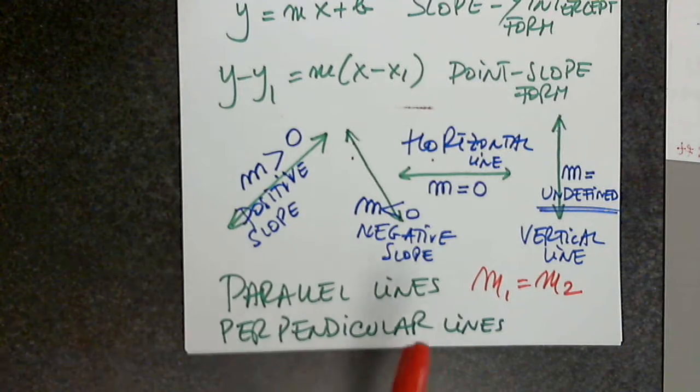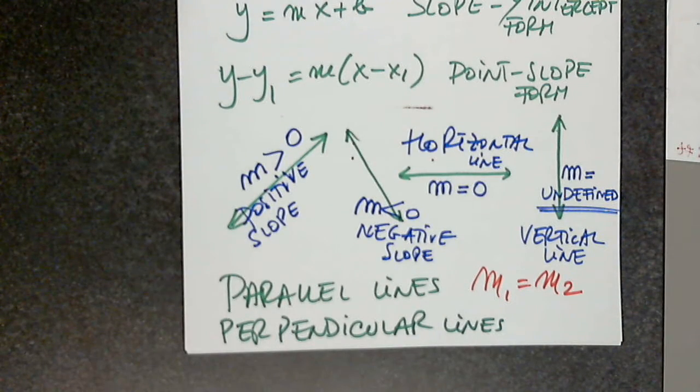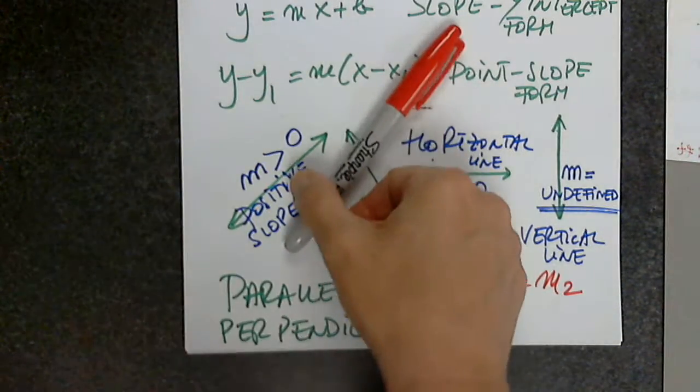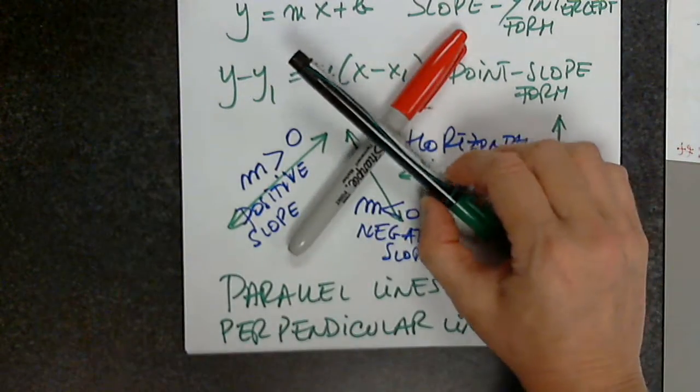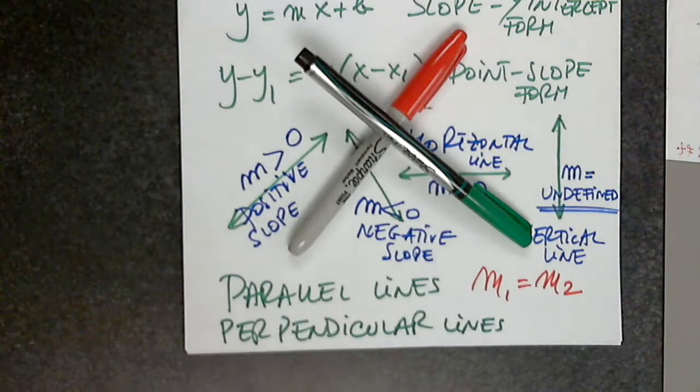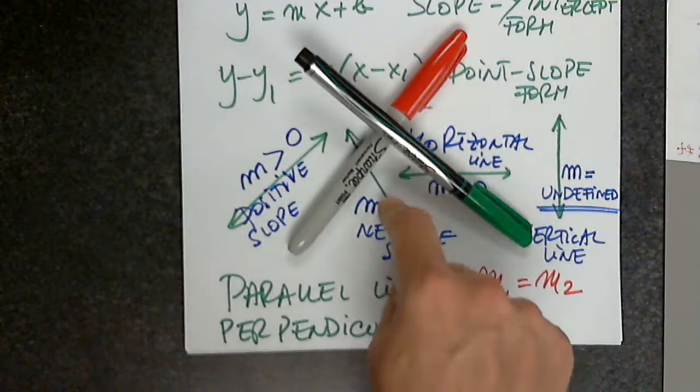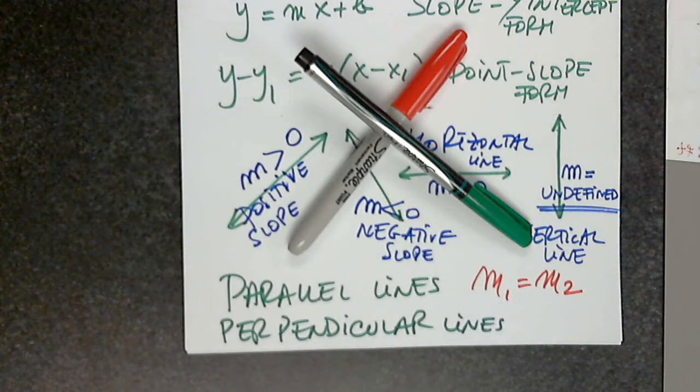Okay. What about perpendicular lines? What is the relationship between the slopes of two lines that are perpendicular? So this line and this line, they are perpendicular. They form 1, 2, 3, 4 90-degree angles. So two lines that are perpendicular, if you look at any of the two lines on the grid here, those are perpendicular lines.